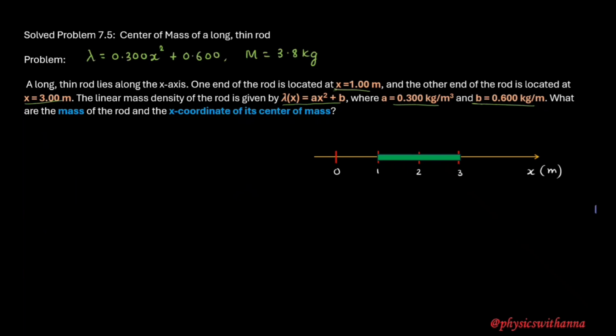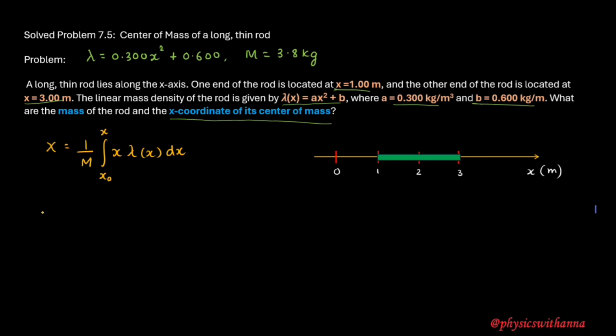Now in the second part of the question, they want us to find the x coordinate of its center of mass. For any continuous mass distribution in one dimension, you can find the coordinate of the center of mass using the rule x equals 1 over M, integral of x lambda(x) dx, where you integrate from the initial to the final position of the rod.